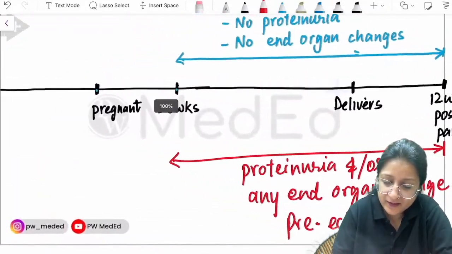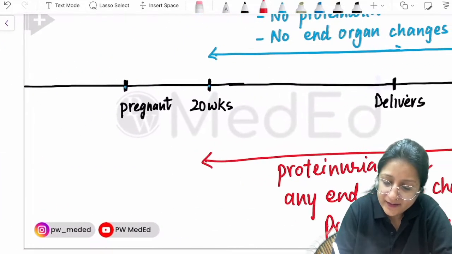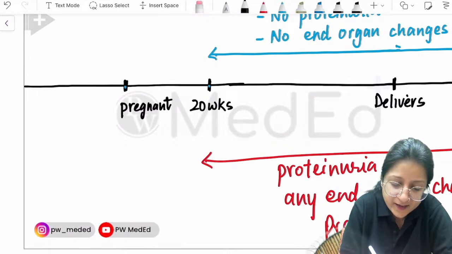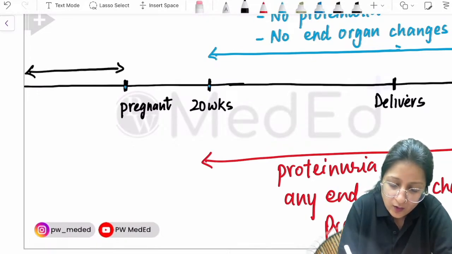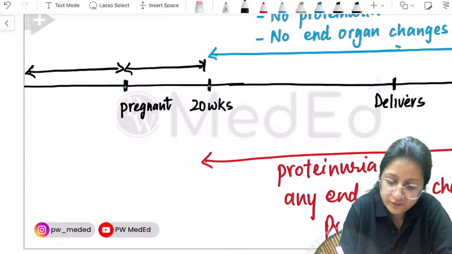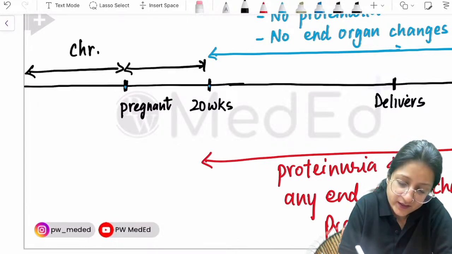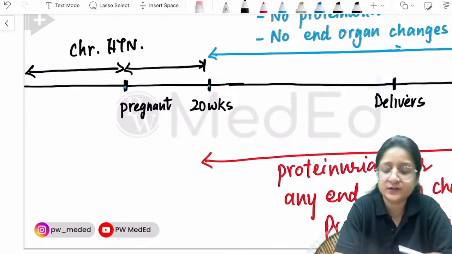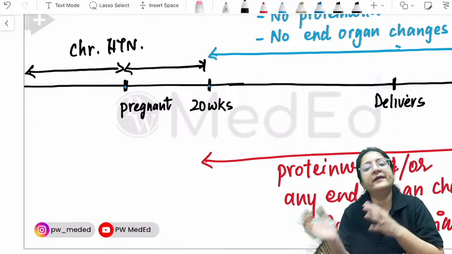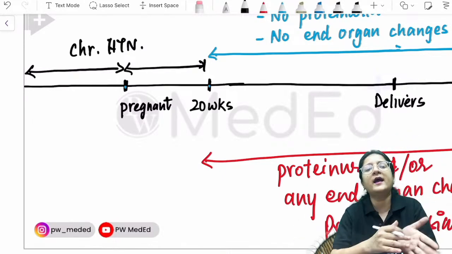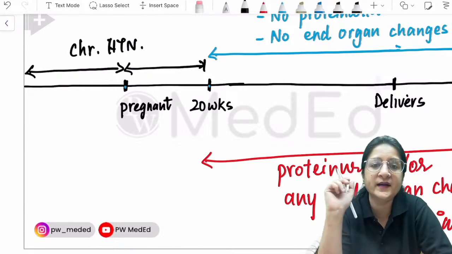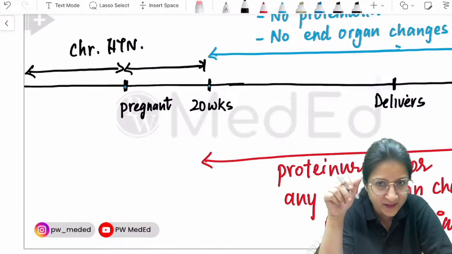And then finally there can be this situation. There can be a situation where a woman has hypertension before pregnancy, or she is hypertensive here before 20 weeks. Then in this situation, this is chronic hypertension in pregnancy. So she's already hypertensive before pregnancy, or hypertension has been diagnosed before 20 weeks of pregnancy. This is chronic hypertension.